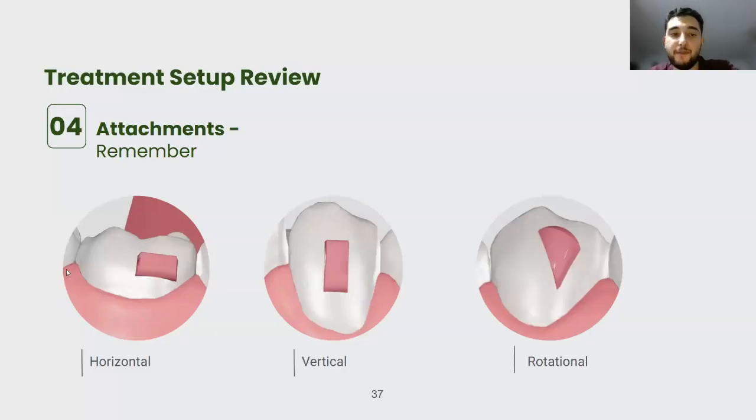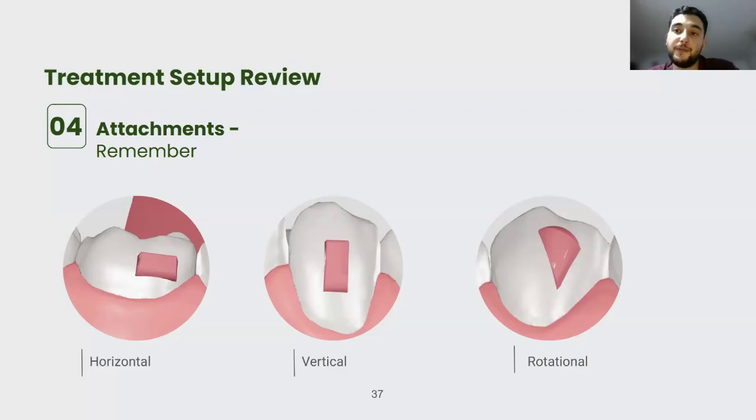So let's remember, we have these attachments. The horizontal attachments are good when we are basically expanding the posterior segment, when we're moving them in a buccolingual direction. The horizontal attachments are the perfect attachments for that. And also for purposes of retention and anchorage, we also add passive horizontal attachments. Vertical attachments are mostly needed in rotation.